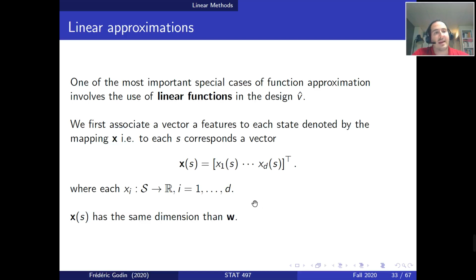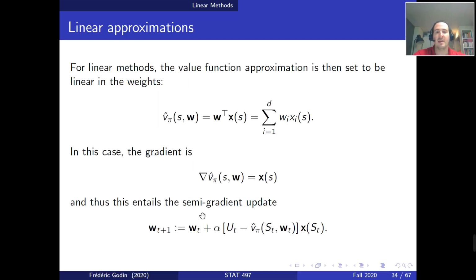And in that case, we're going to assume that we consider a parameter vector W, which has the same dimension as x(s). Then we're going to form the following approximation. We're going to assume that the estimated value function for a given state s, when the parameters are the vector W, is the following linear combination of the features of that state.